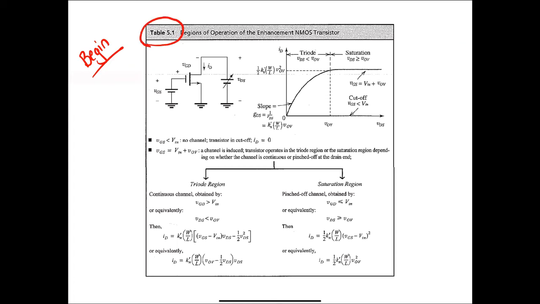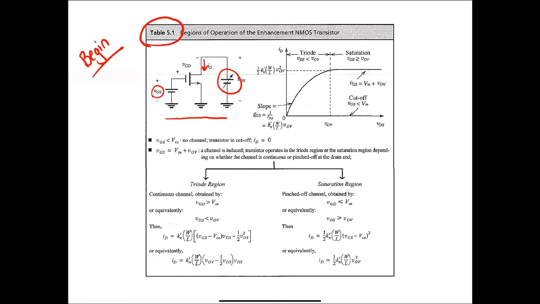I thought one really good place to start would be Table 5.1, which provides such a great overview of how the NMOS transistor works and really summarizes so many different parts of what we learned. Here you have a basic circuit configuration with your VGS. You have a voltage VDS applied across the drain and source terminals, and it shows where your ID is.